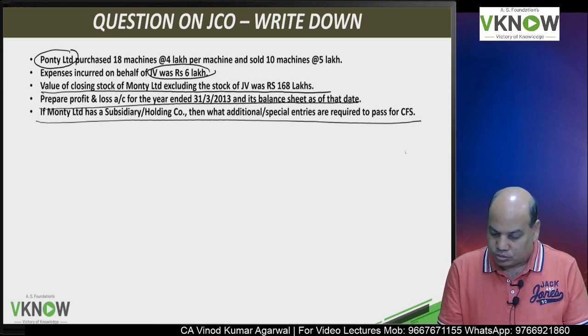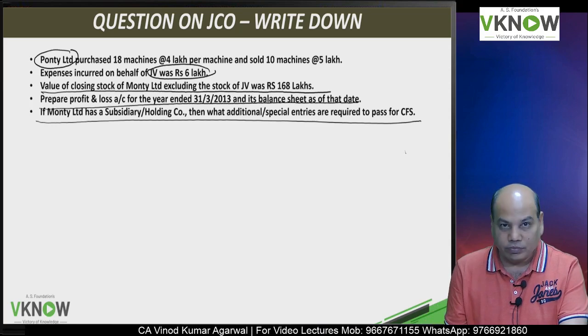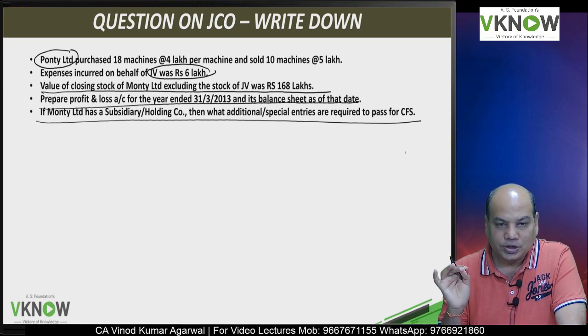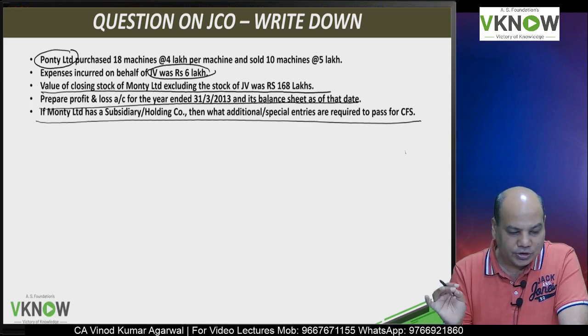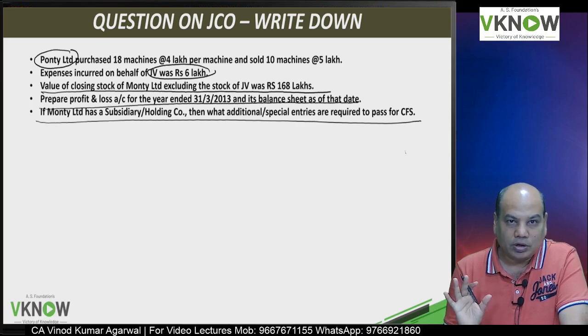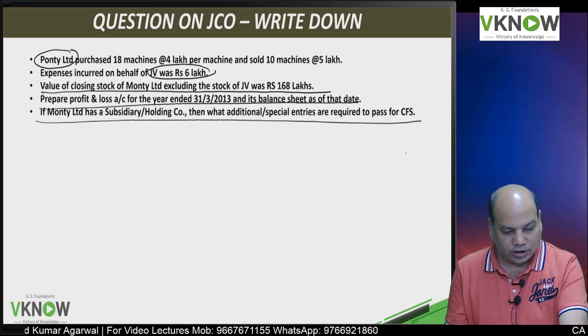We have to do the accounting in the books of Monty. Monty will record his share in revenue, his share in purchase, his share in expense, and his share in the stock relating to the venture. Now the student will understand.